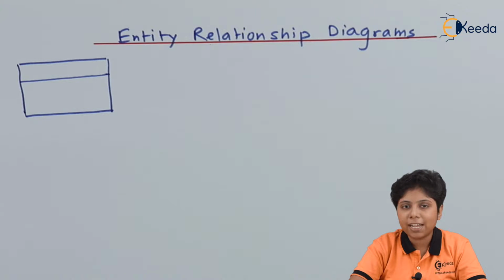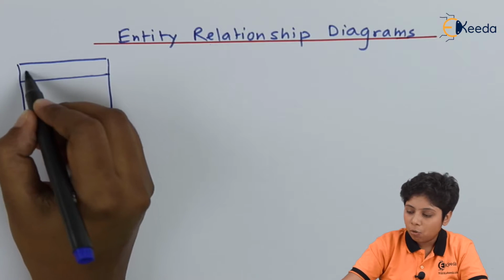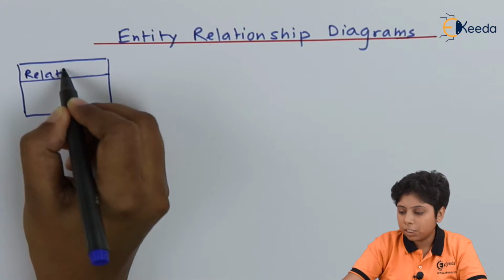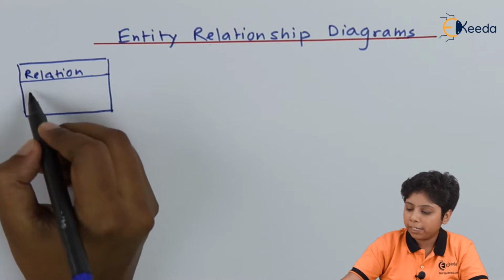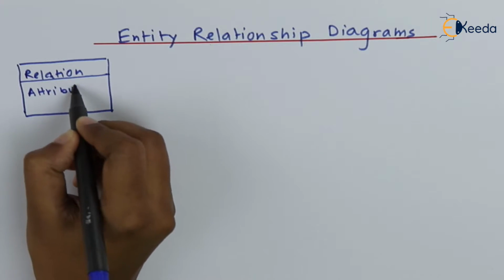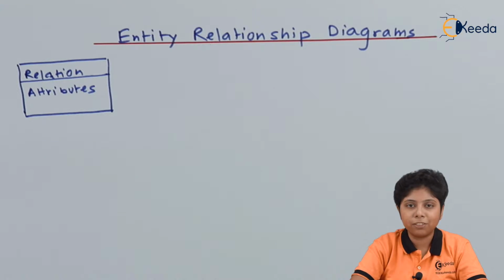The divided rectangle gives us the relation and the attributes in the relation. So the basic entity of an ERD is the divided rectangle. It gives the relation name as the first part of the division of the rectangle, followed by the attributes of that particular relation. So relation-wise, table-wise, it is the basic form of an ERD.